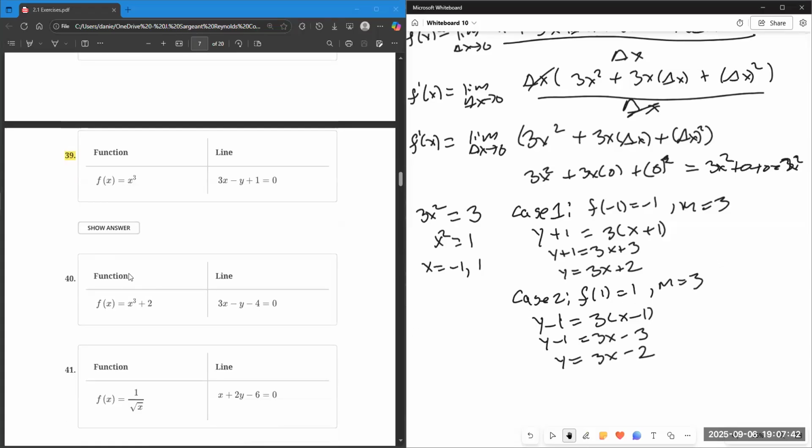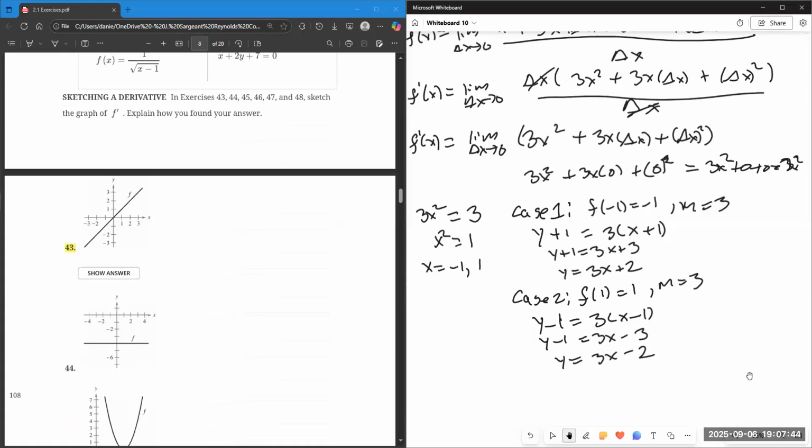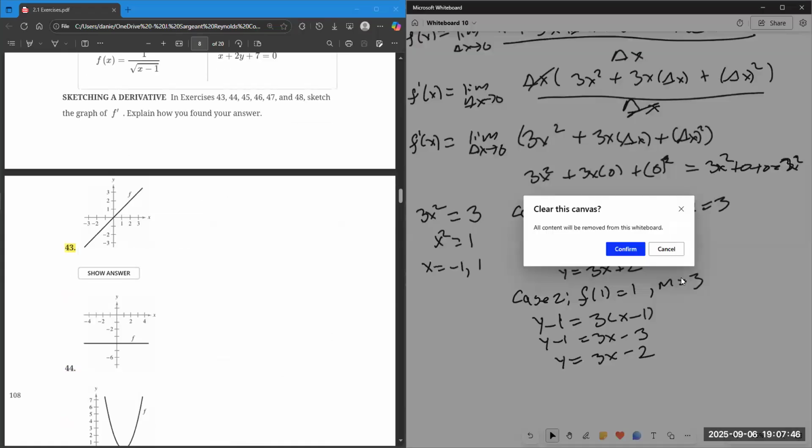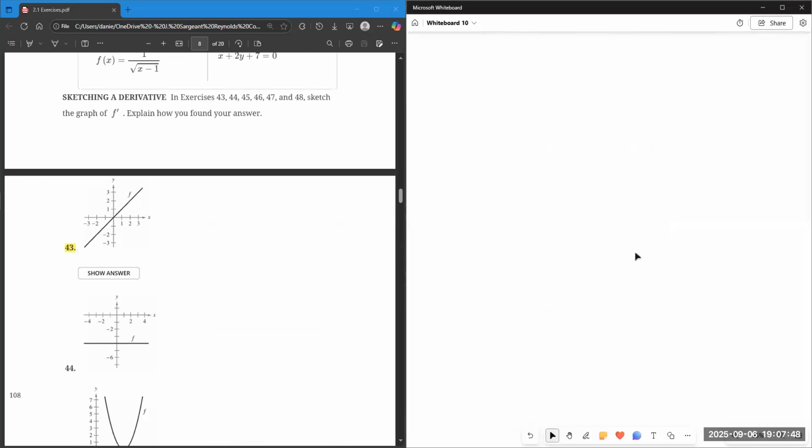Next problem is 43. And we're just supposed to sketch the tangent line. If we have a linear function that goes through 0, 0 like this, actually any linear function like this with constant slope, as long as it's not vertical, then the tangent line will be the function itself.